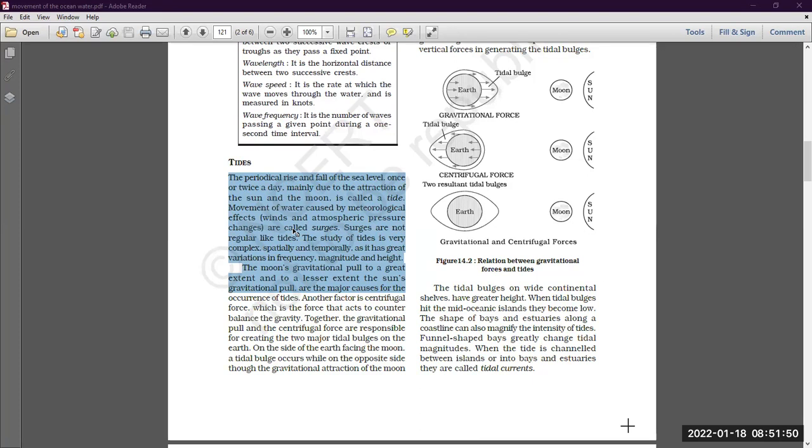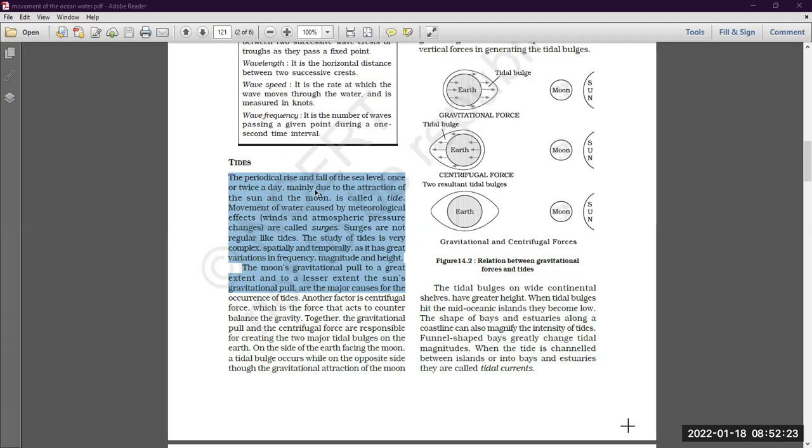So it always tries to pull masses together. Because of that, on the land surface a bulge is not going to appear, but in the oceans a bulge comes, meaning a vertical rise of water. If you talk about bulge, what do you understand by bulge? Bulge is something sticking out from a surface.